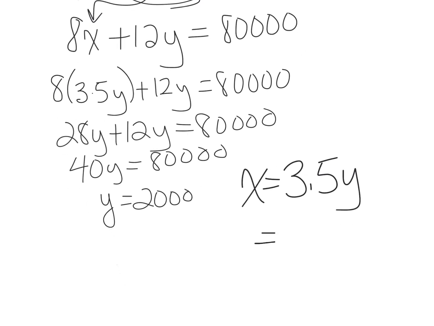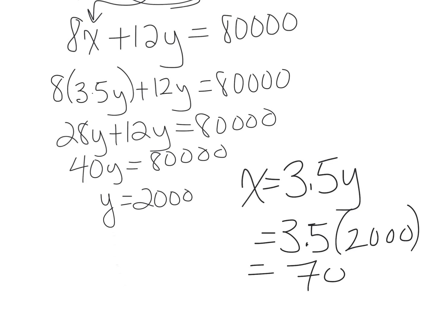Now we have an actual value of y, we can substitute that into that relationship and we can find that x is 7,000. So in order to maximize our production, we would invest 7,000 units of labor and 2,000 units of capital.